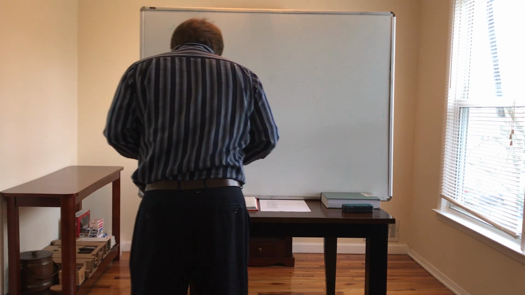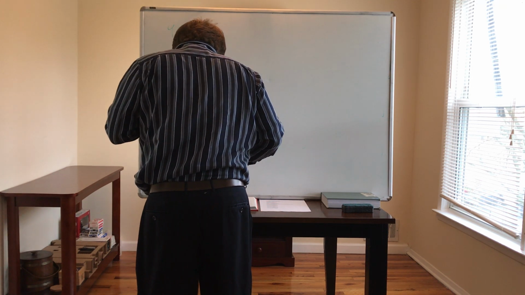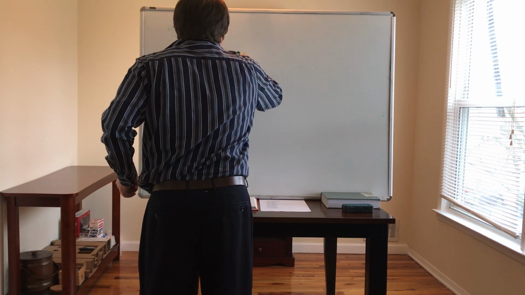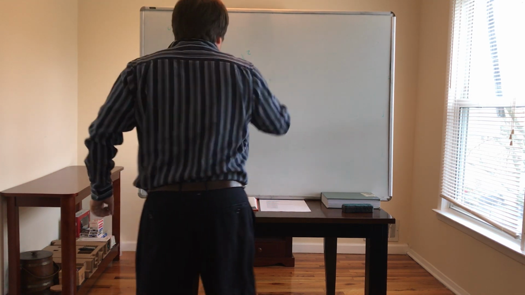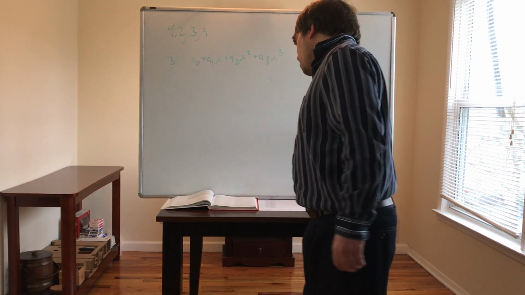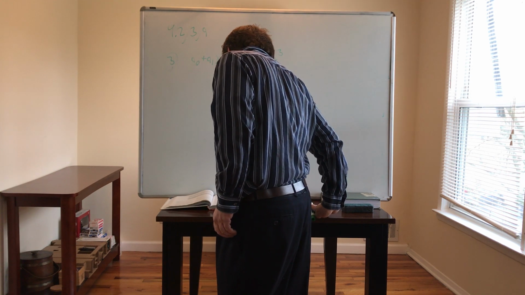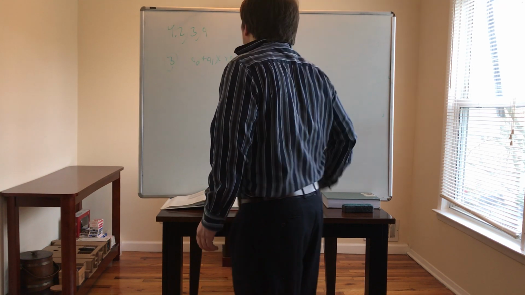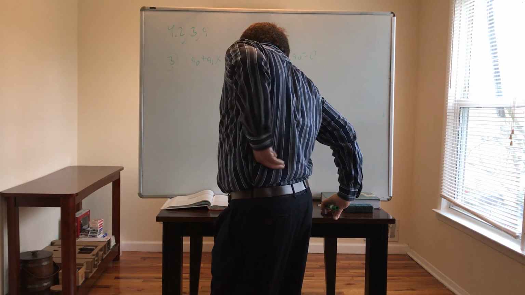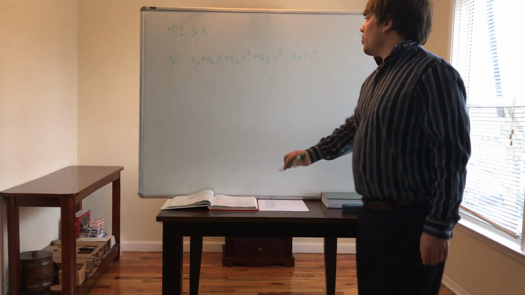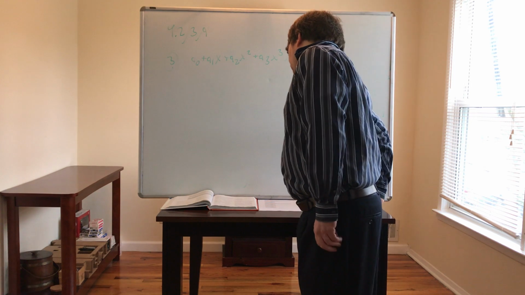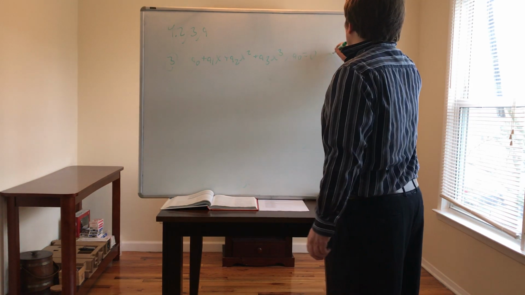For number 3, we have a naught plus a1x plus a2x squared plus a3x cubed. Okay? And we're going to determine whether or not this is a subspace of P sub 3, where a naught is equal to 0. So all polynomials of this form where a naught is equal to 0, is this a subspace of P sub 3?